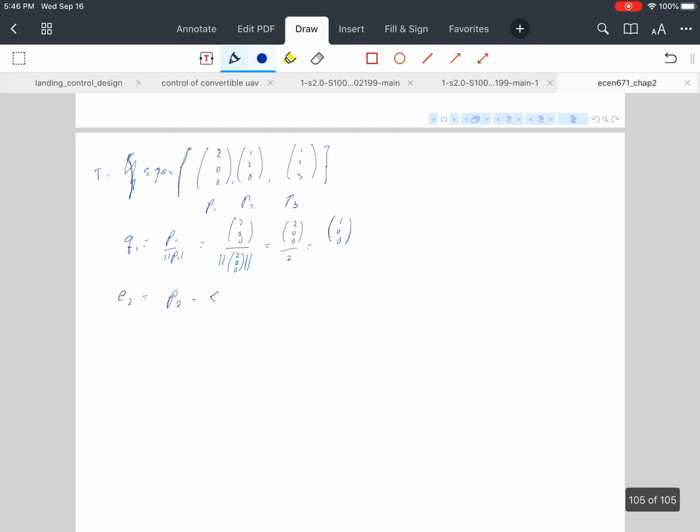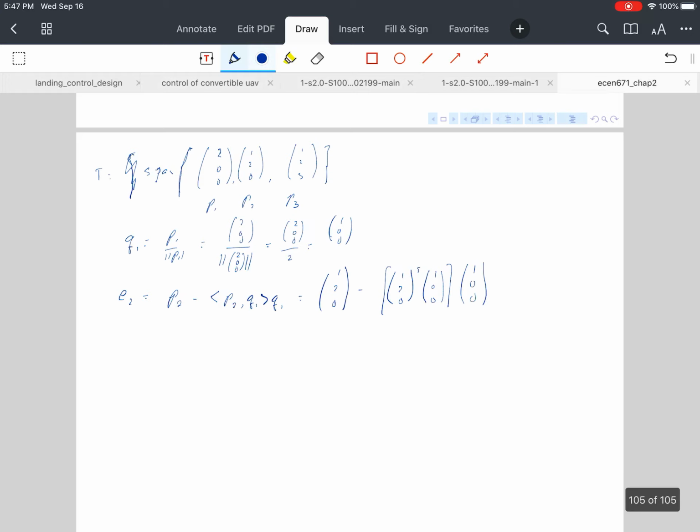Now, we're going to let E2 be P2 minus the inner product of P2 with Q1 in the direction of Q1. So that's going to be 1, 2, 0 minus the inner product, and for vectors, the inner product is just the transpose, so it would be 1, 2, 0 transpose with Q1, which is 1, 0, 0. That's going to be the inner product times Q1, which is 1, 0, 0.